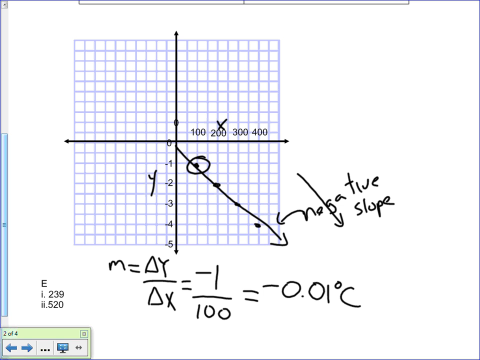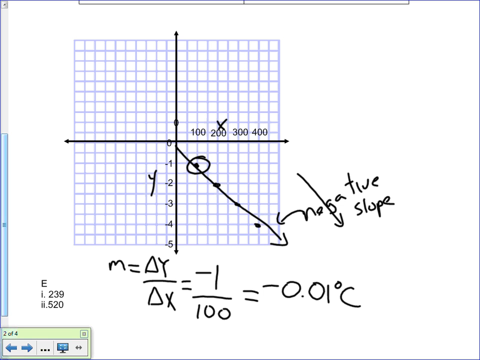So what does that mean? That means for every meter that we increase our elevation, we go down 0.01 degrees Celsius, which doesn't sound like a lot. From that, we can calculate our equation.